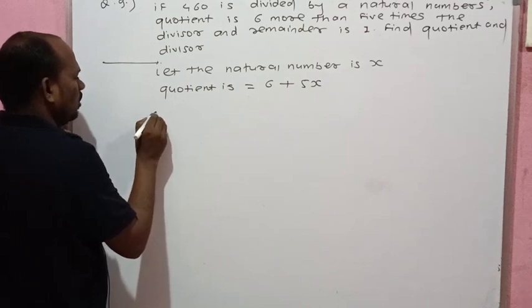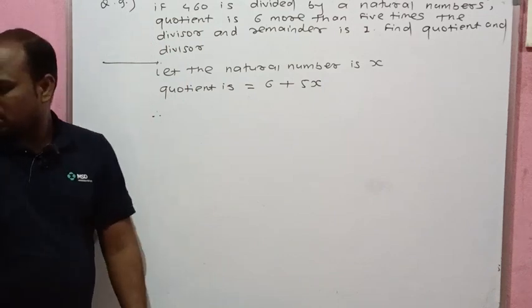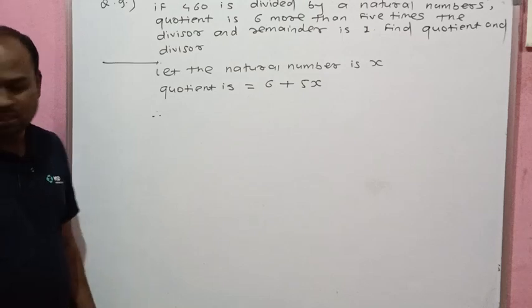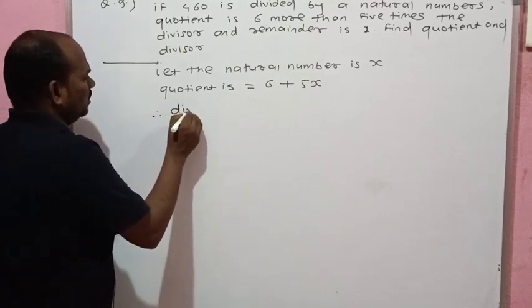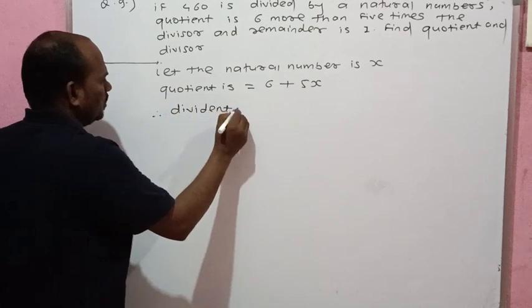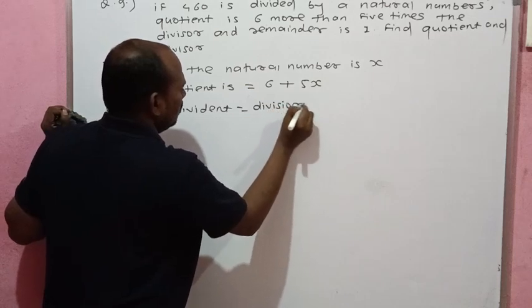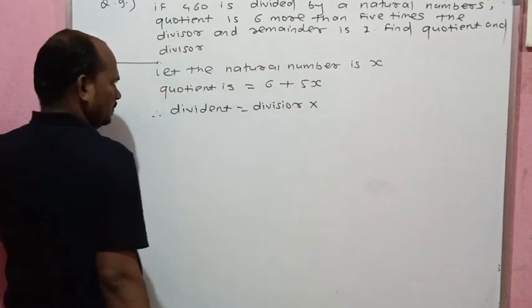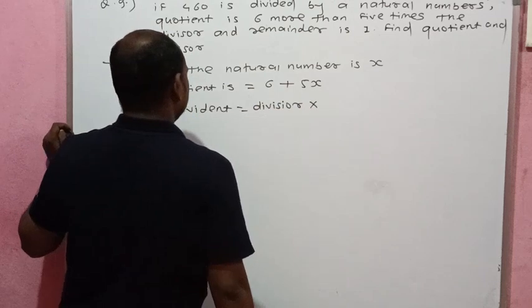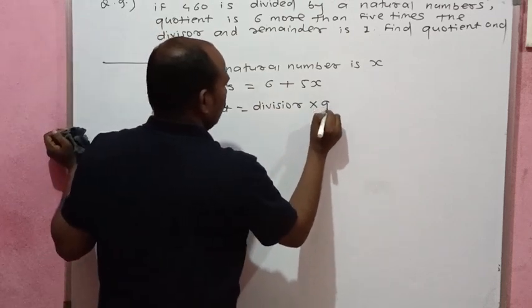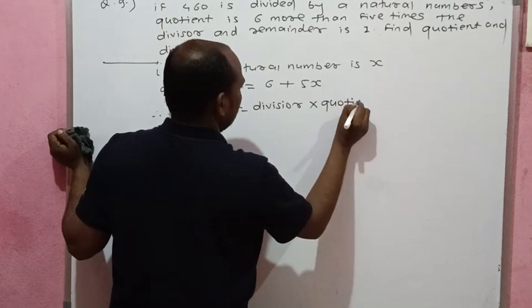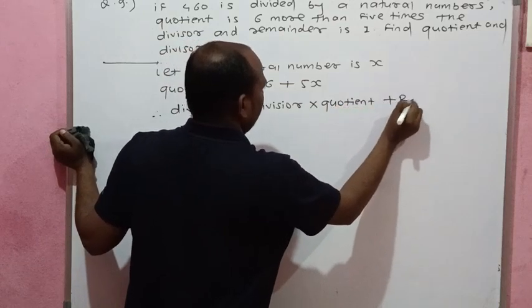Now we can use the rule. The rule is dividend equal to divisor into quotient plus remainder.